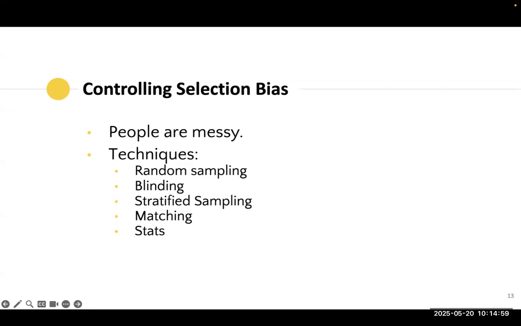Matching is another good one, if you can do it. So if you're studying something health related and there are smokers in your sample, then when you divide those samples into the two groups, you want the two groups to try and have the same number of smokers in each group. And then there's statistical ways for doing it, but that's a whole other lecture.